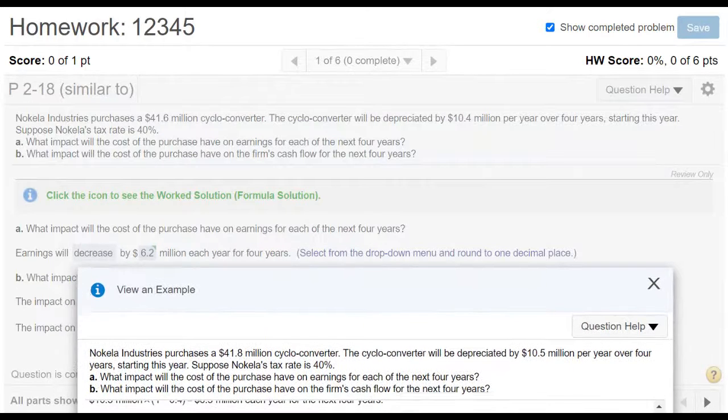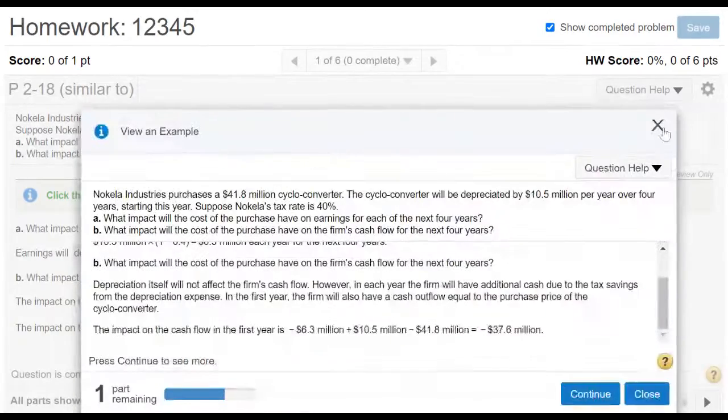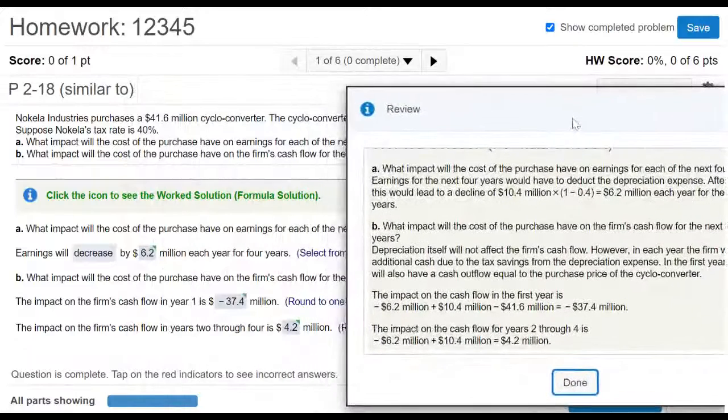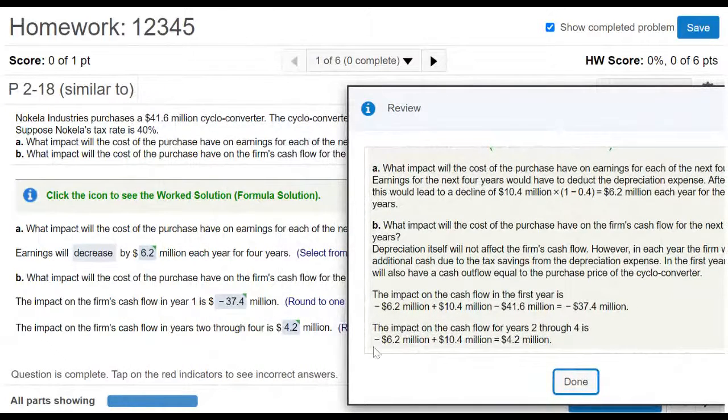Then, hold on. This is even better, right? So we know the first thing, the impact is 6.2. And then the 6.2 minus, right? That's the impact. 10.4, I'm sorry, 10.4, which is what we're going to be charging.